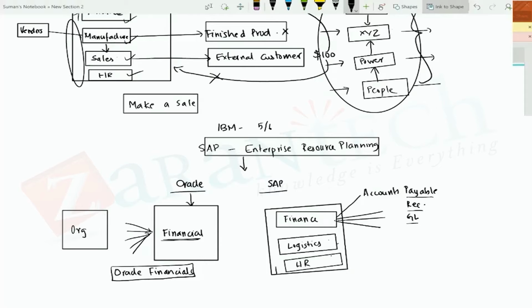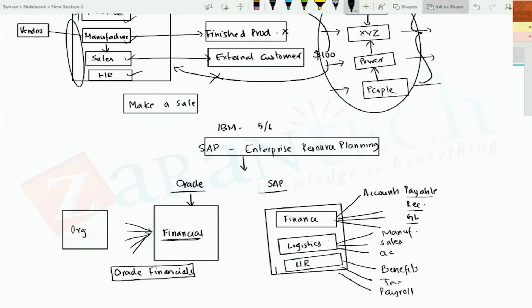Similarly, if I look at logistics, there will be a manufacturing department, a sales department, a quality control department. There will be so many different functionalities within logistics. If you look at human resources, there will be a benefits team, a tax team, a payroll team, and so on.